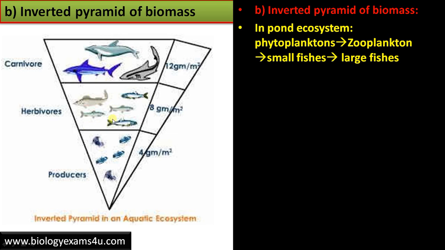Then there are small fishes that have more weight compared to the producer level, and large fishes with more weight than these small fishes. So as we move up the ladder of trophic levels, the dry weight increases, forming an inverted pyramid, a pointed base and a broad apex.